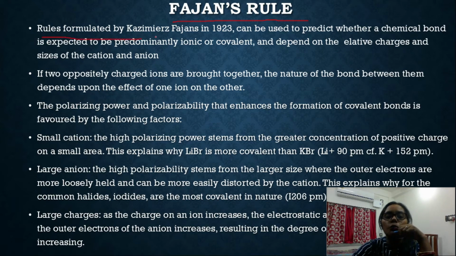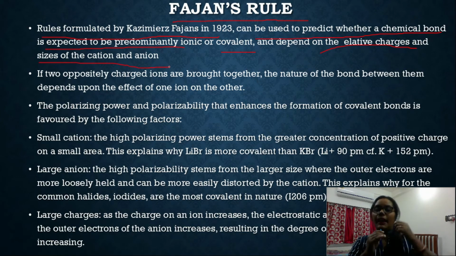The rules formulated by Fajans in 1923 can be used to predict whether a chemical bond is expected to be predominantly ionic or covalent, and depend on the relative charge and the sizes of the cation and anion.